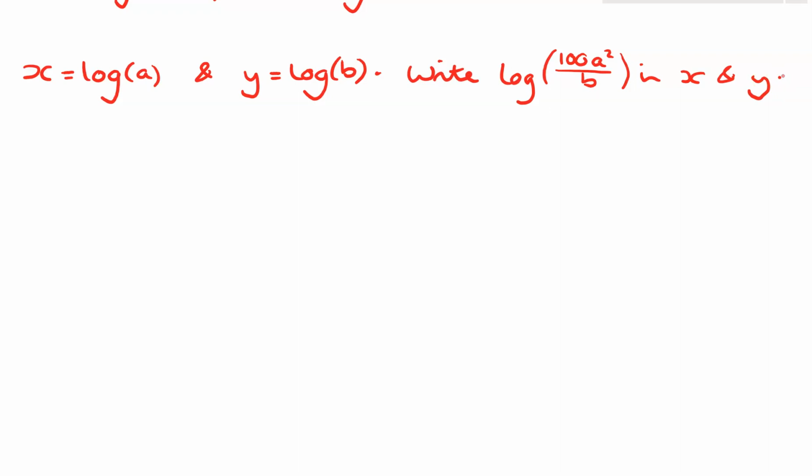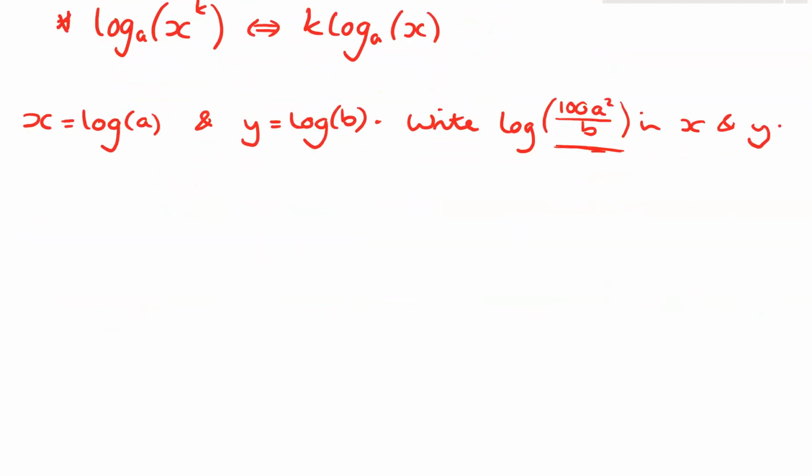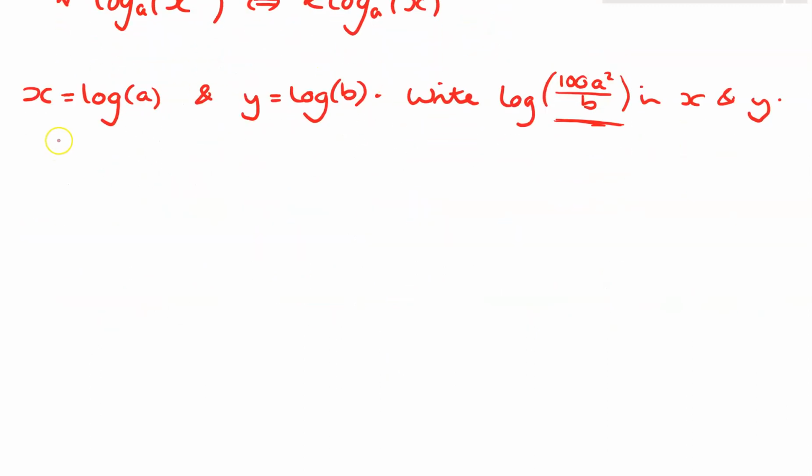Okay, so first thing is this logarithm here is a fraction, so the first thing I'm going to do is use the second log rule to split it up with a minus in it. So we've got log of the numerator minus log of the denominator.